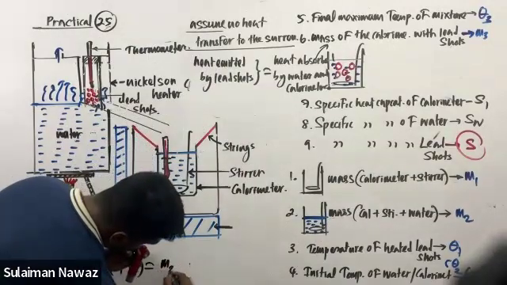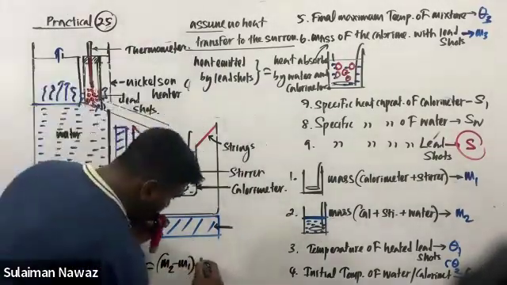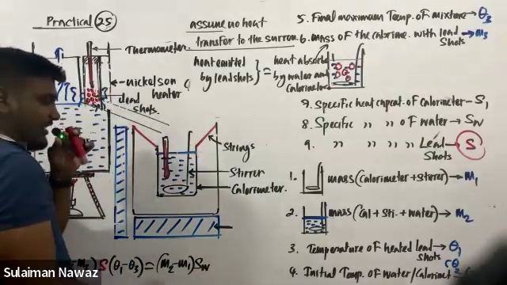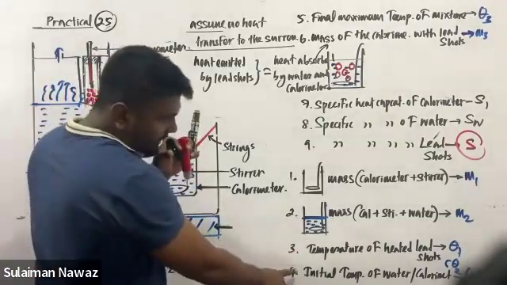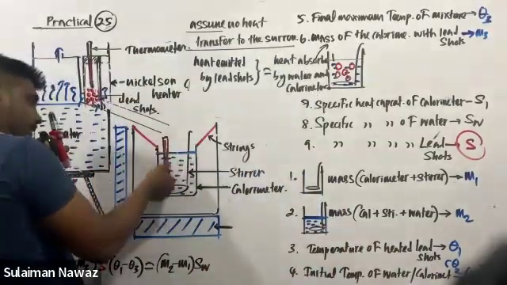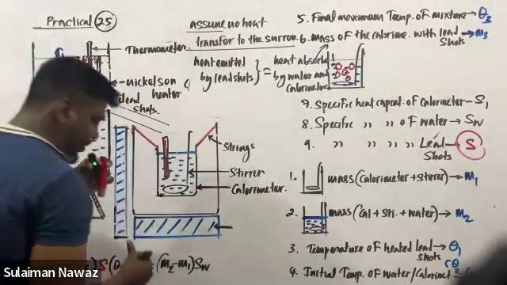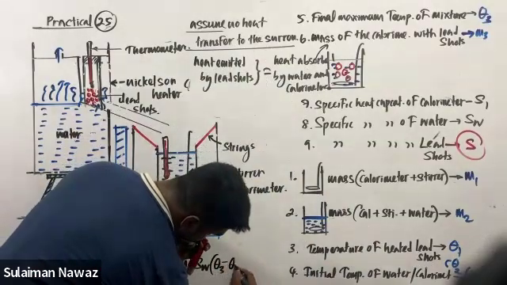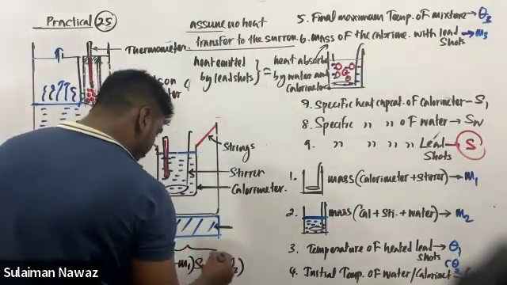The specific heat capacity of water, SW, we know is 4200. Initially, water is at room temperature, theta 2. After putting lead shots, the temperature of the water increases to theta 3. So the change in temperature of the water is theta 3 minus theta 2. This is the amount of heat absorbed by the water.